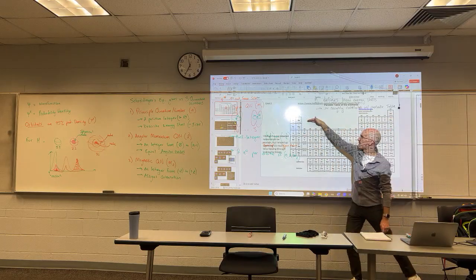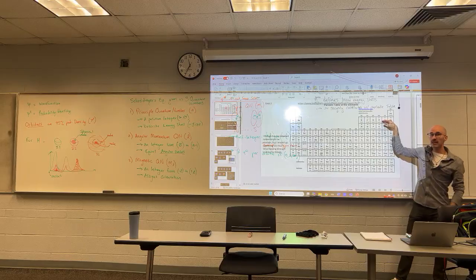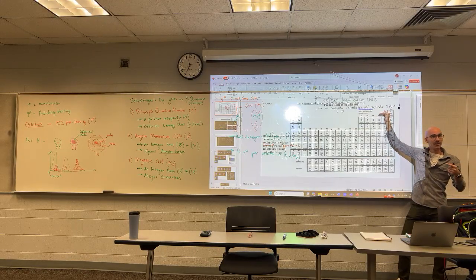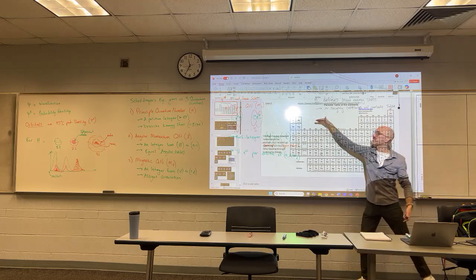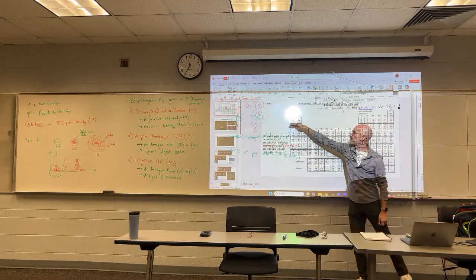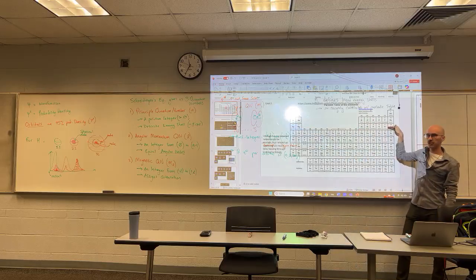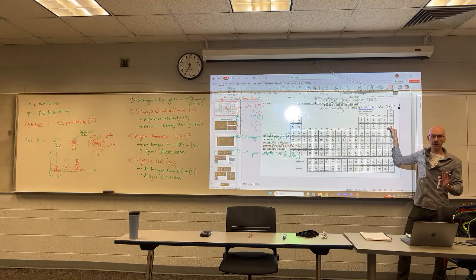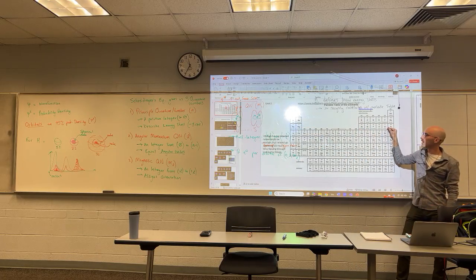Once you get atoms in the second row, they have electrons that fill the first energy shell, but now they start to fill the second energy shell as well. Then you get electrons that fill the third energy shell. And this is where it gets more complicated, and we'll come back to it.